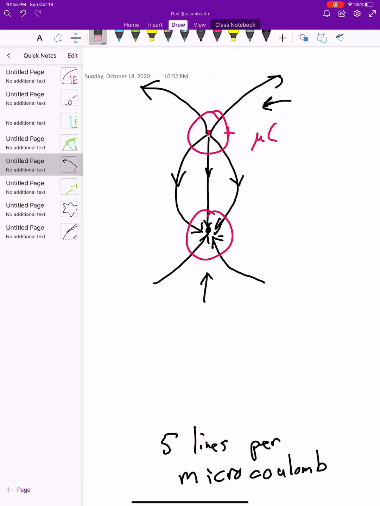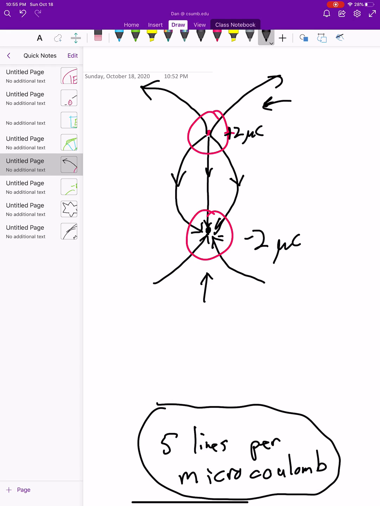Let's say rather than 1 microcoulomb, I have 2 microcoulombs. So this would be negative 2 microcoulombs, and this would be positive 2 microcoulombs. Let's draw the field configuration for that. Well, I've already got half of it done. But since there's 2 microcoulombs here, and I'm going by 5 lines per microcoulomb, I have to draw a total of 10 lines associated with this charge.